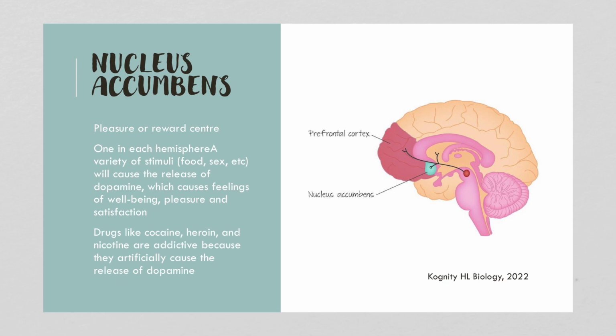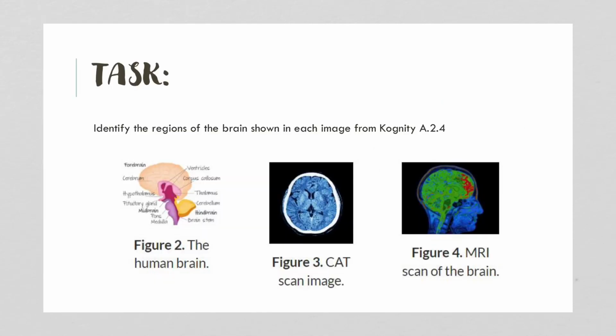So drugs like cocaine, heroin, and nicotine, they're addictive because they artificially cause the release of dopamine, and that's why you get a sense of euphoria or well-being when you use those drugs. And that's why they're addictive, because we like to feel good. We'll talk more about drugs in our neuropharmacology lesson.